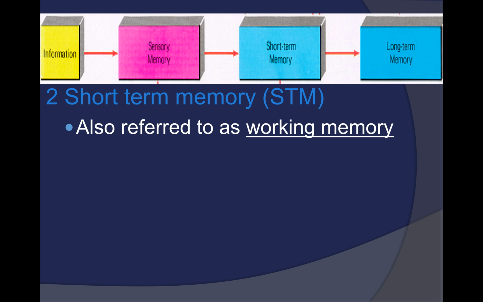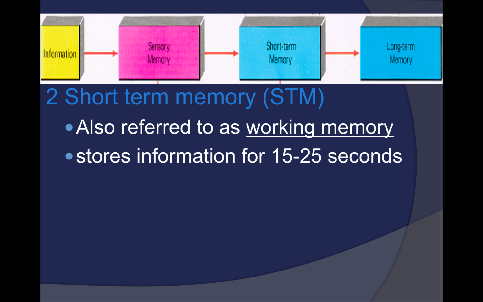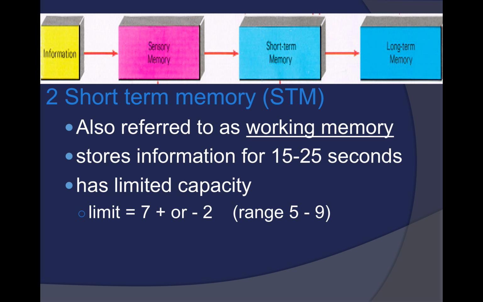You may be rehearsing it, you may be retranslating it, and again, that's 15-25 seconds, and it does have a limited capacity, and the capacity is pretty fixed. You can typically remember 7 plus or minus 2 pieces of new information. Even some recent research suggests that may be overly optimistic for complex information.